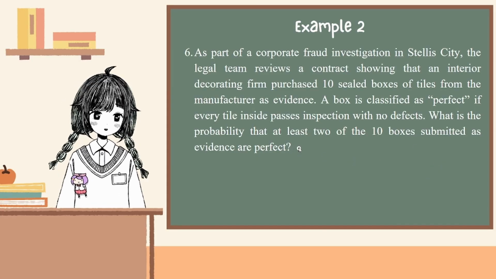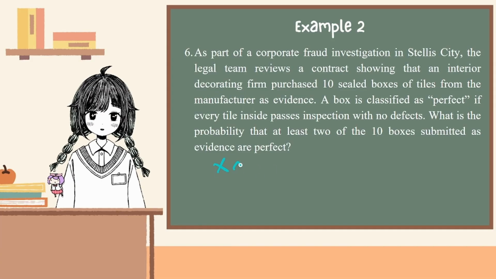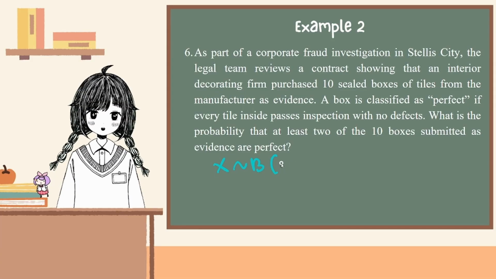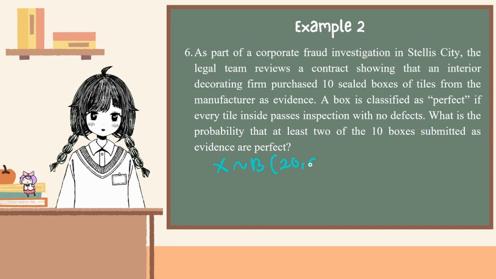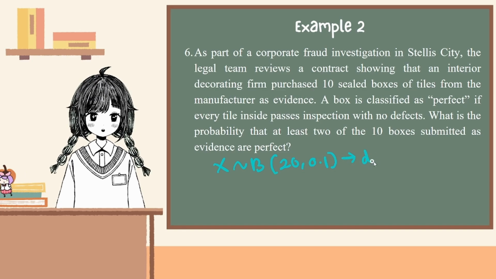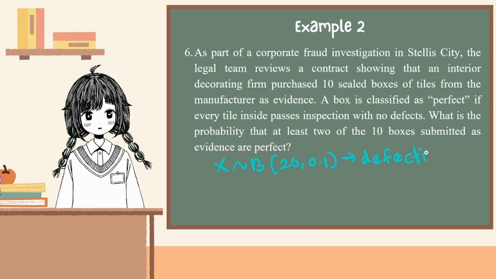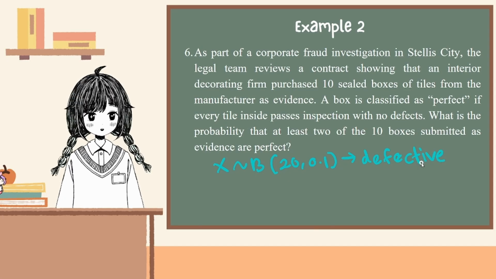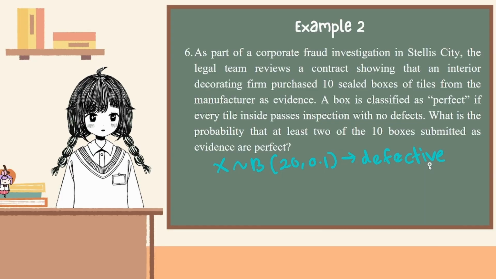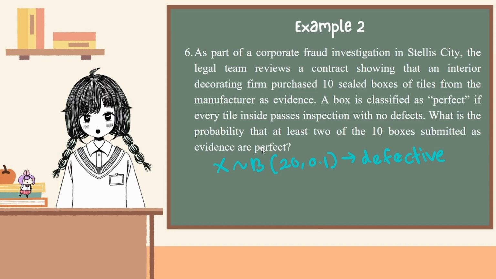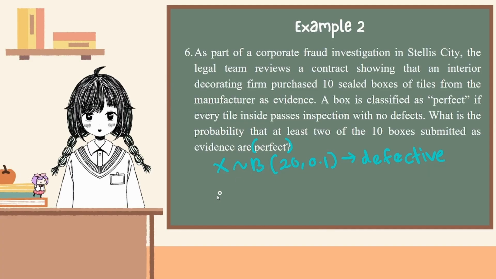Since this is still part of the original question, the X with 0.1 for the defective tiles still exists. But this time, we will also make a new binomial distribution for the perfect condition of tiles.